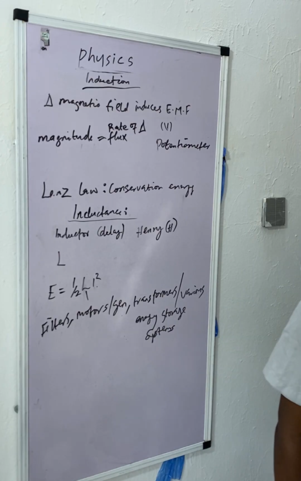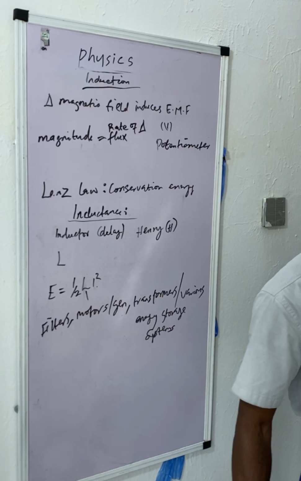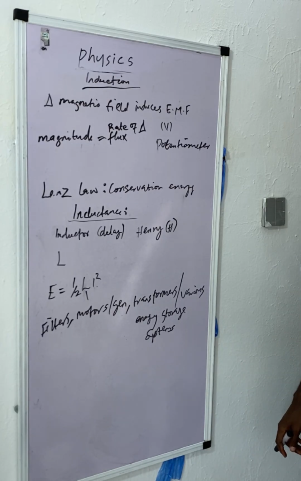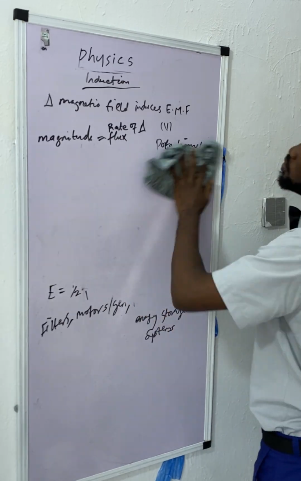All right, we're almost done with this class. I think we should go straight to eddy current. Eddy current is the loop of current formed inside a conductor when exposed to a changing magnetic field.